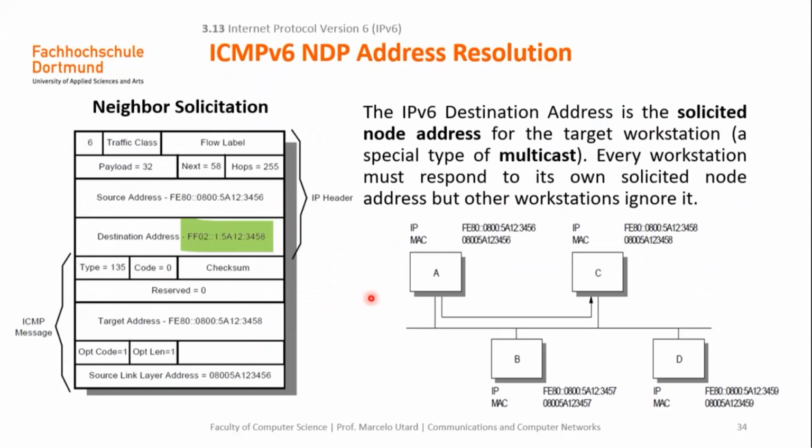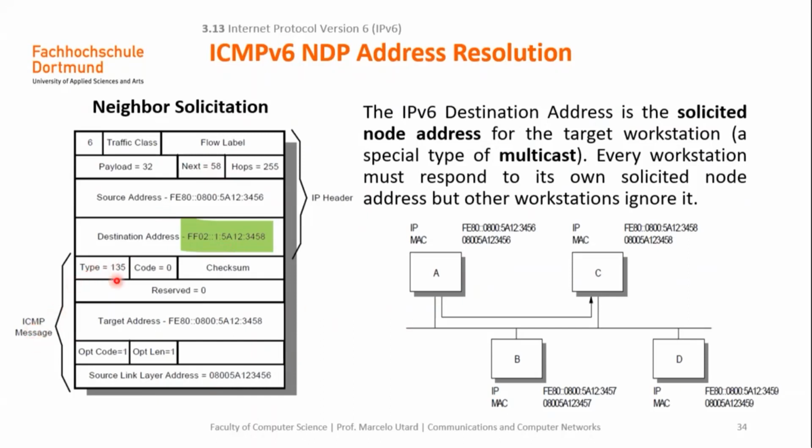Then, this is the typical neighbor solicitation that is sent by host A. Here we could see the IP header. In this IP header, there is a next header value of 58, that is the payload of the IP version 6 datagram is, in fact, an ICMP message.